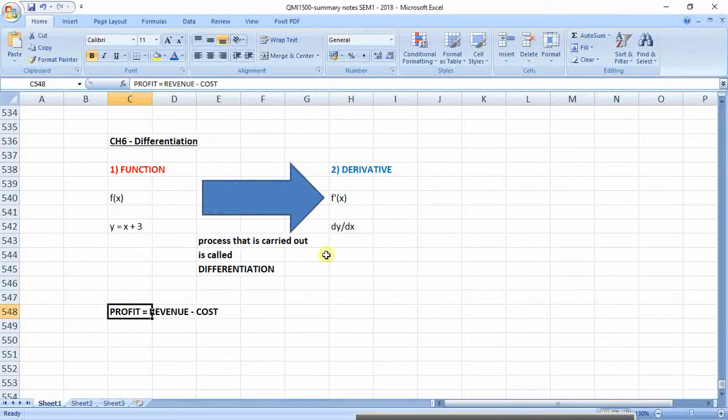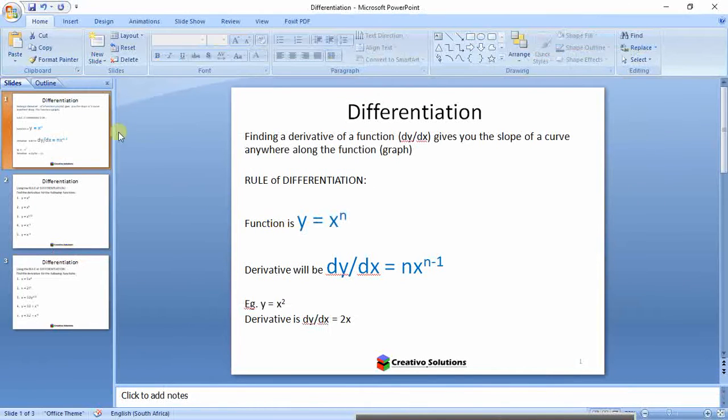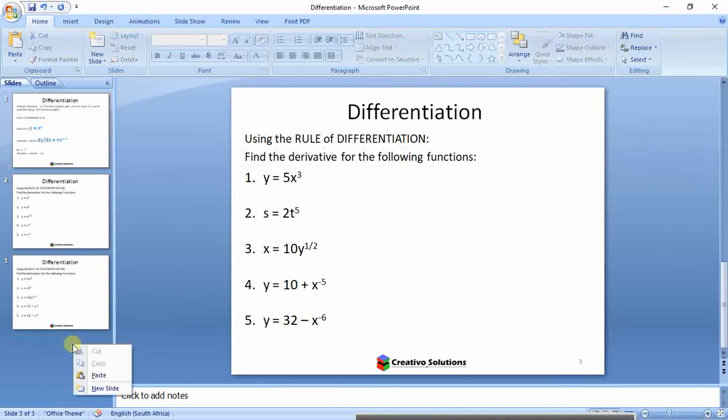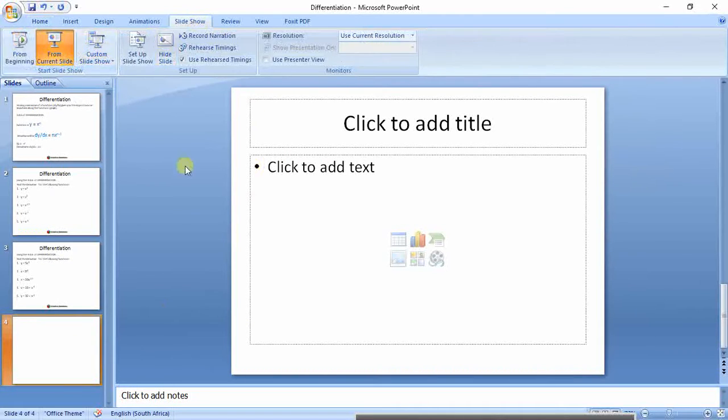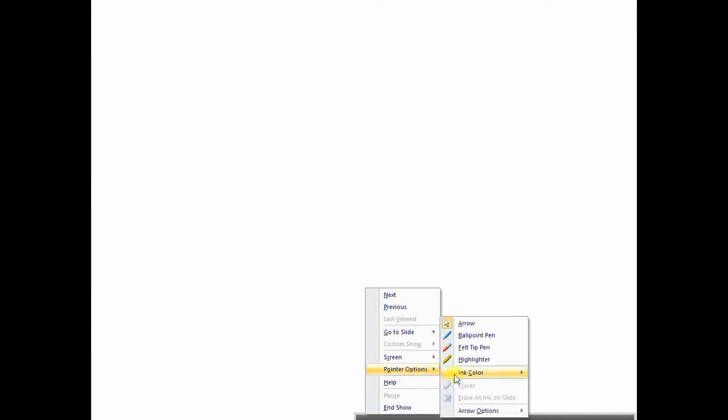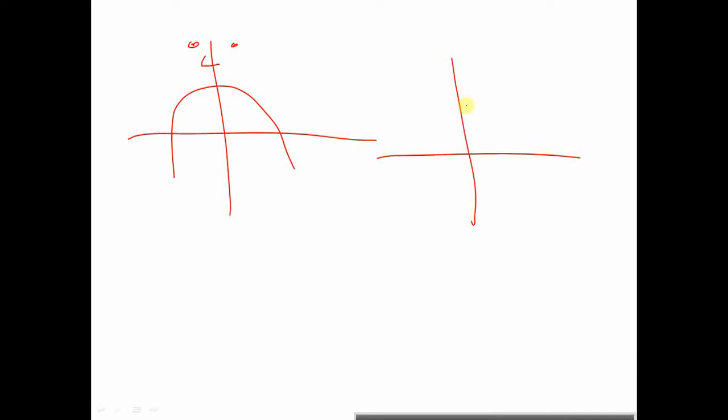Okay, remember we spoke about these graphs. Let me draw it here actually. Just ignore this for now. Let me just add a new slide. Okay, remember we had this. Unhappy. And then we had that.